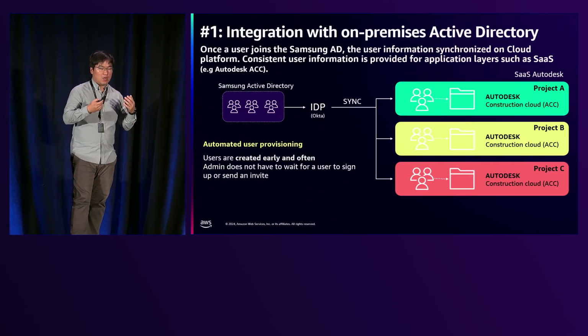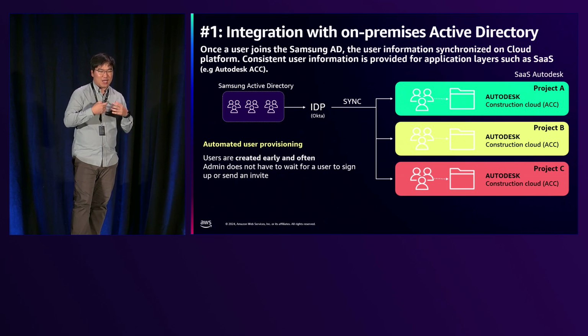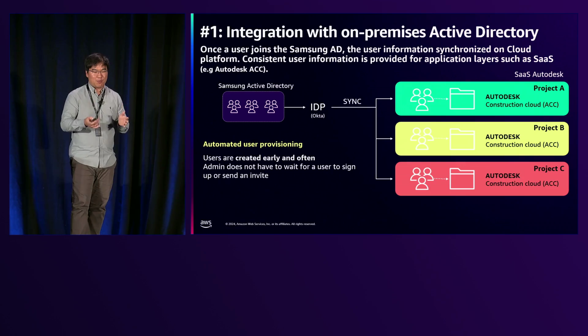So let me show a little bit more of the features of this design platform. Number one, we integrate our on-premise Active Directory on the platform. Once a user joins the Samsung AD, the user information is synchronized on the cloud platform. So consistent user information is provided for the application layer, such as SaaS.